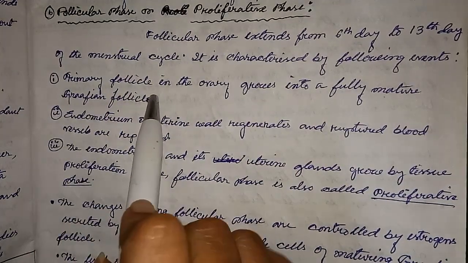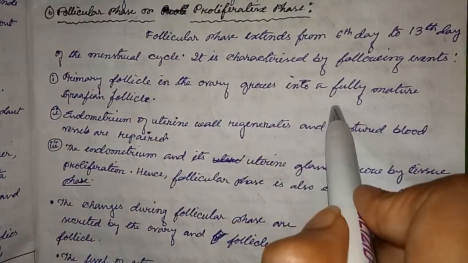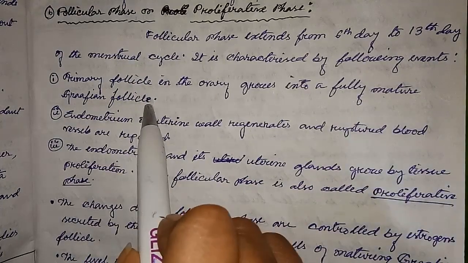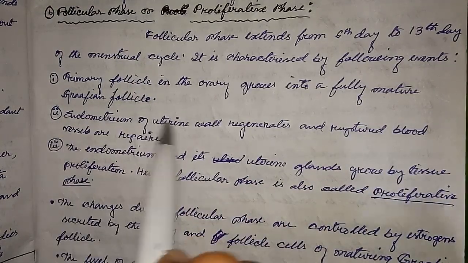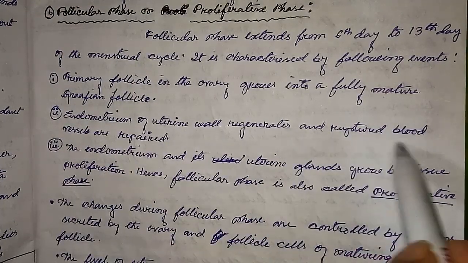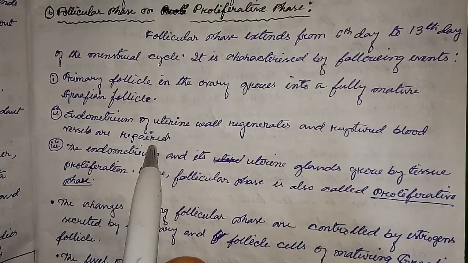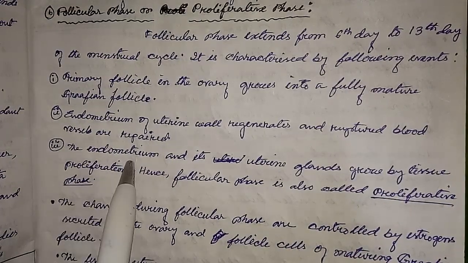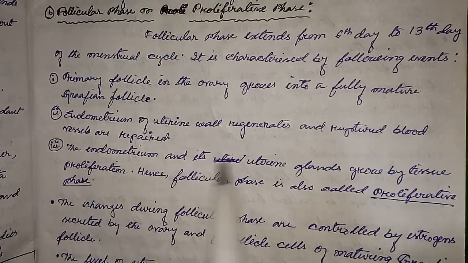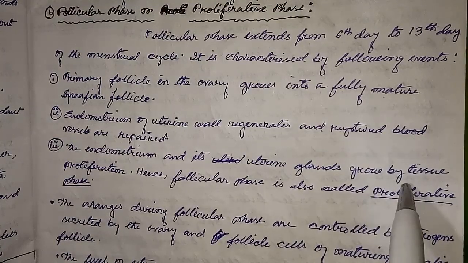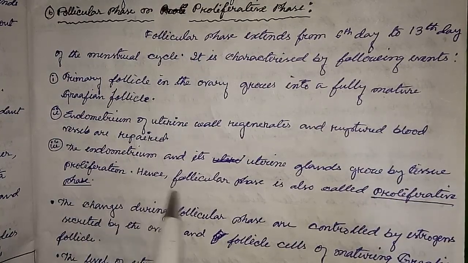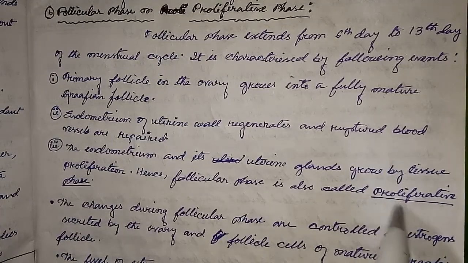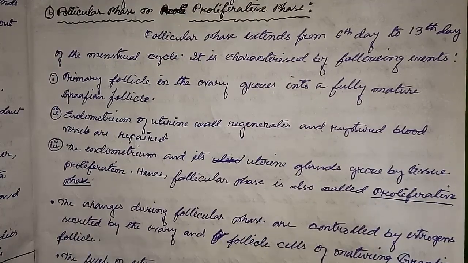Number 1, the primary follicle in the ovary grows into a fully mature Graafian follicle. Next, the endometrium of the uterine wall regenerates and ruptured blood vessels are repaired. Next, the endometrium and its uterine glands grow by tissue proliferation. Hence, the follicular phase is also called proliferative phase.